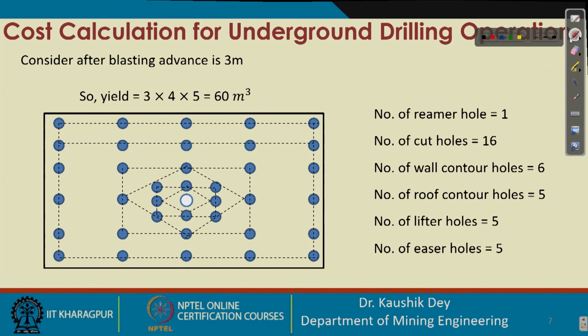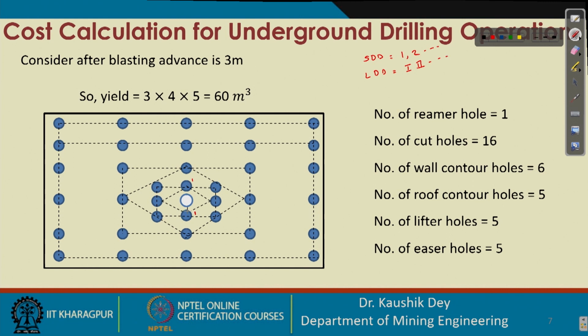We give the delay to the nearest hole first, so this is delay number 1 and delay number 1. Short delay is mentioned in Arabic numerals 1, 2 and long delay let us mention in Latin numerals I, II.